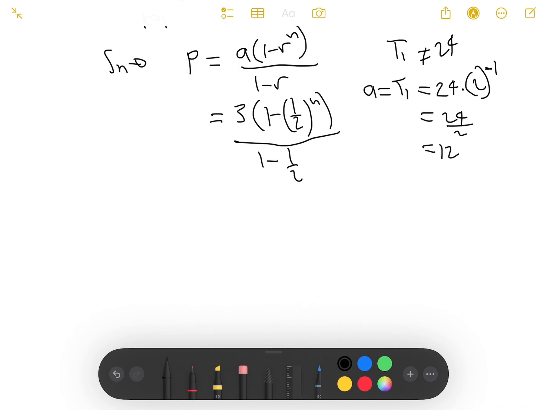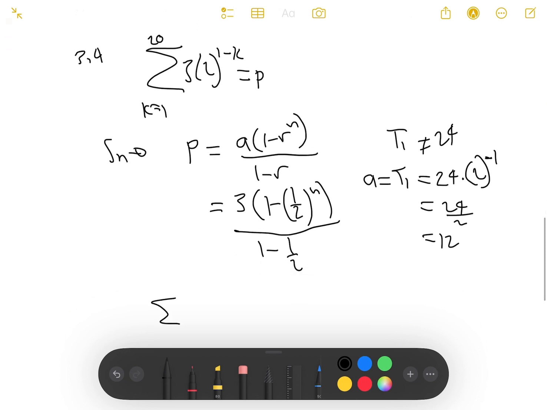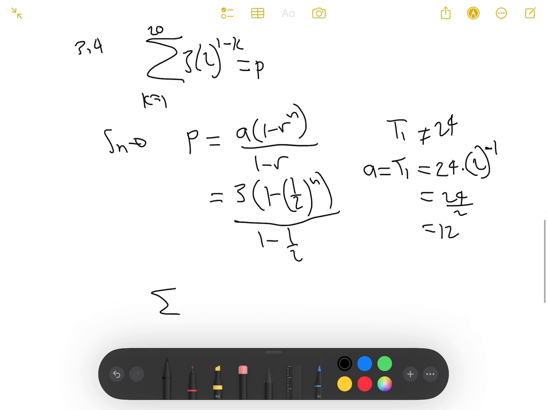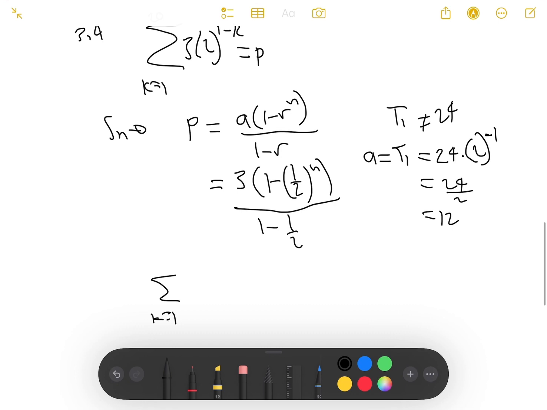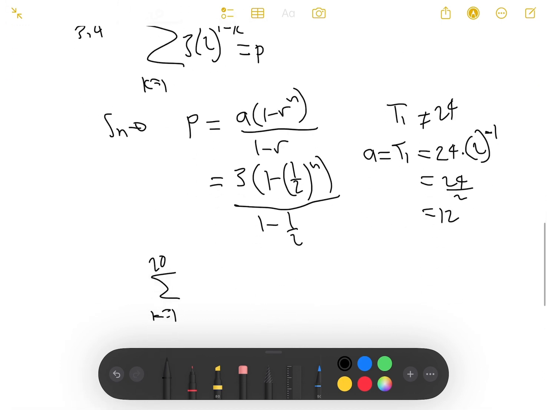So, okay, let's express the second equation. The sum, k is equals to 1, and it ends at 20, and then here we had 24 times 2 to the exponent negative k, right?